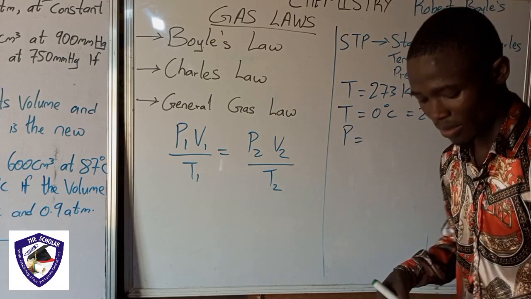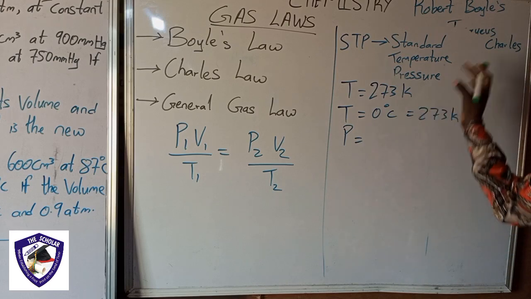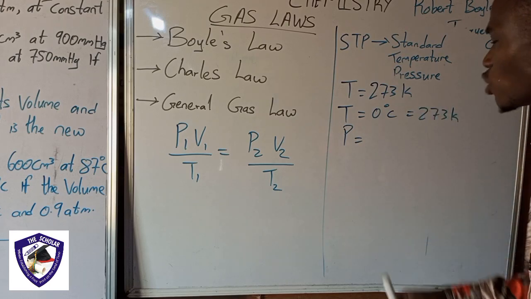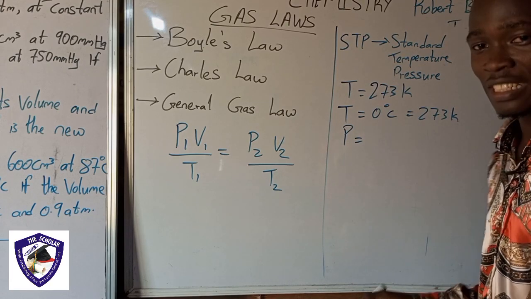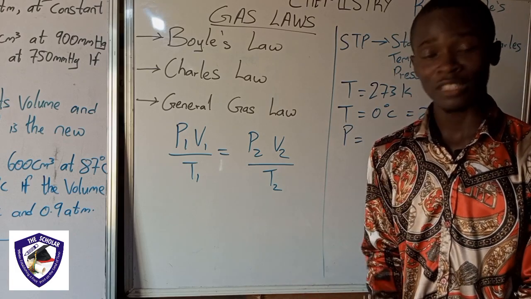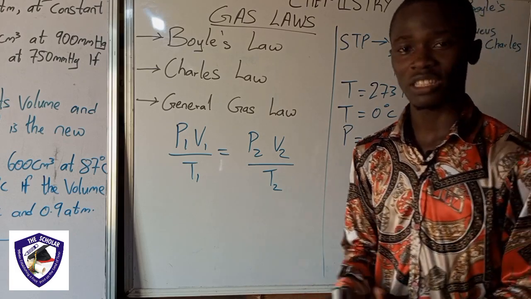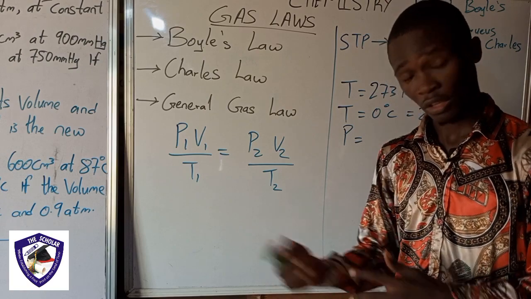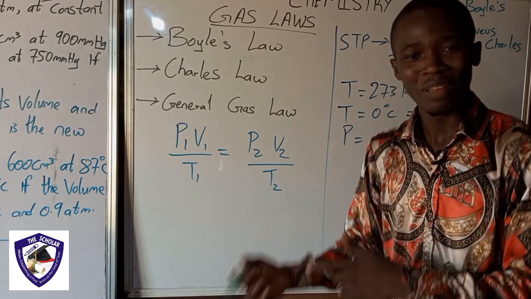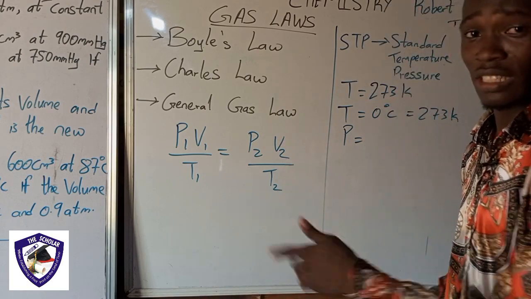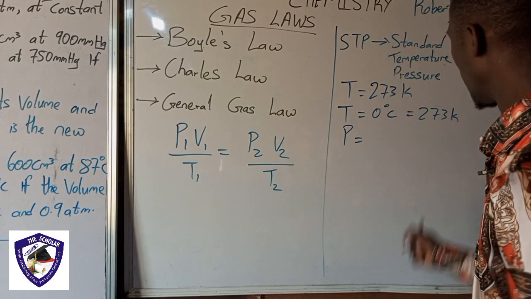Now for pressure, I'm just listing some terms by which pressure and temperature is measured. Pressure is measured in Pascal. It is measured in atm. It is measured in torr. It is measured in millimeter mercury. It is measured in Newton per meter square also.